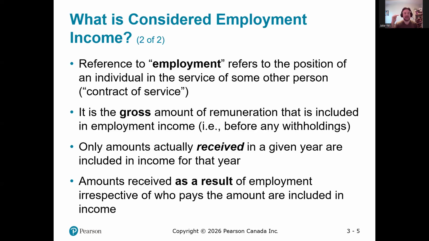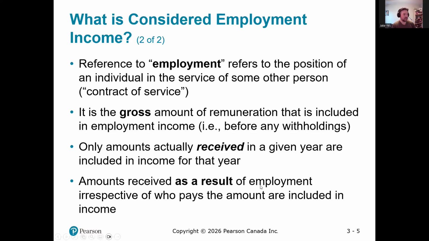But let's say it comes to the end of December and after December 25th, I've worked a handful of days, but I don't get the paycheck for those days until January 2026. Well, that income's going to be next year, 2026, because that's the year I got the money. So when it comes to employment income, they're much more concerned with the cash basis. When was the cash actually received?